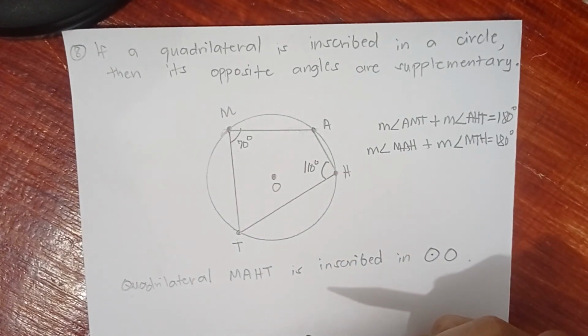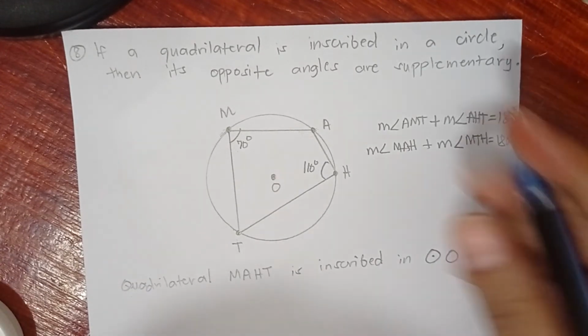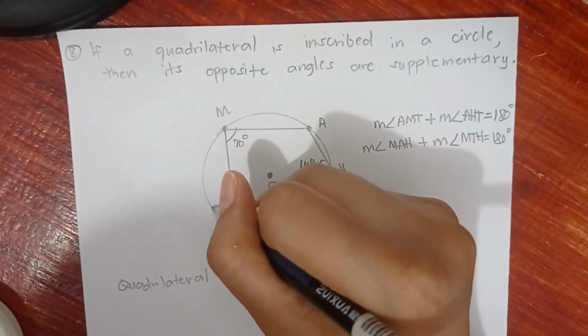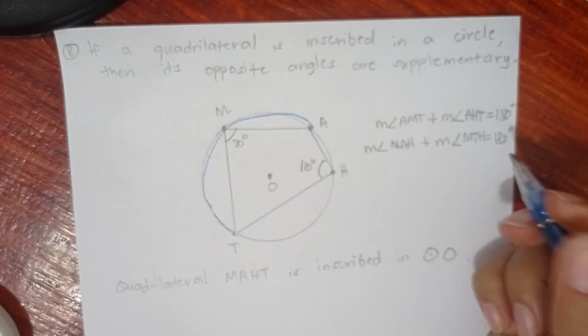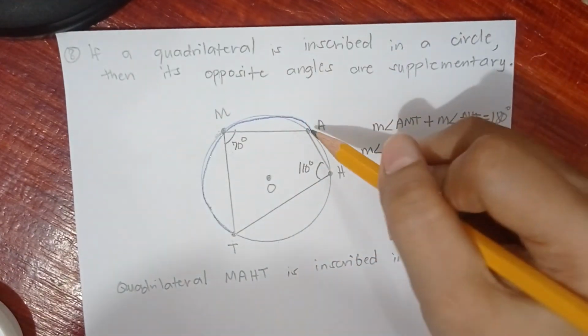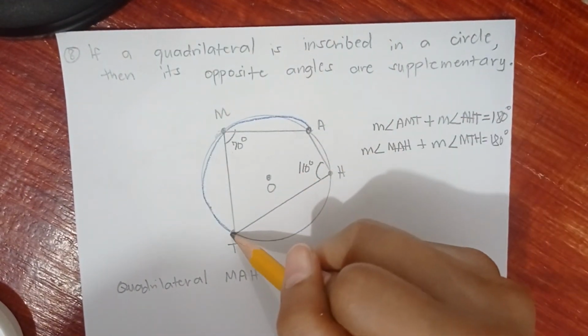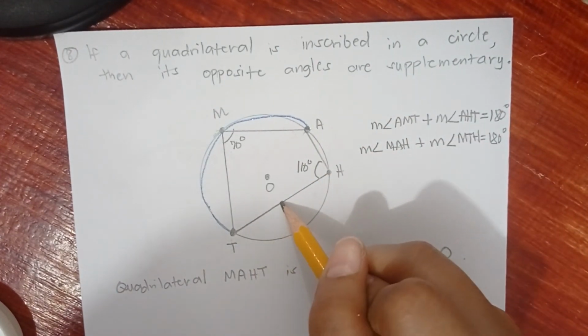Okay? Nagigets ba? Ngayon, pag tinanong, what is the measure of this arc, ito, RTMA? Anong measure niyan? So, ano ba yung inscribed angle niya? Ito yung dalawang point, di ba? Ito yung dalawang endpoint ng arc. So, saan nagkatagpo?